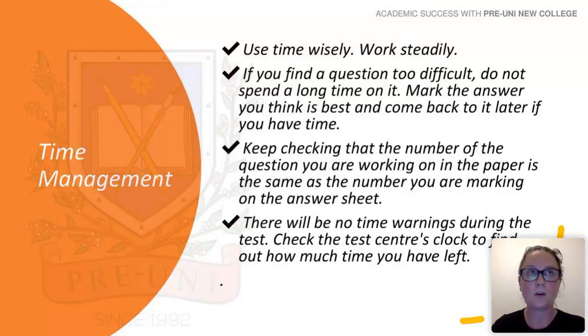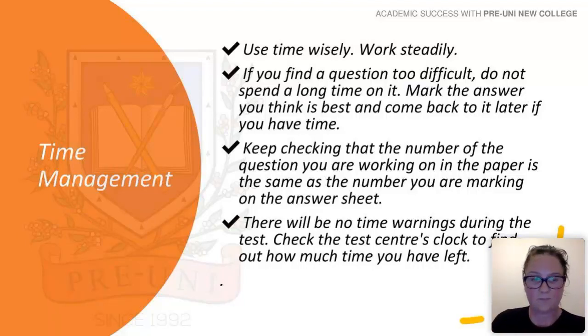So you're strongly encouraged to look at the clock. There'll be a clock in the room that is the central time for your testing room. So it's not what your phone says, or you wouldn't have your phone, of course, what your watch says compared to somebody else's. There'll be one timer, and you should get used to looking up at a clock.